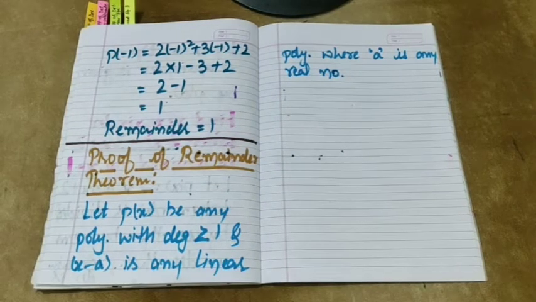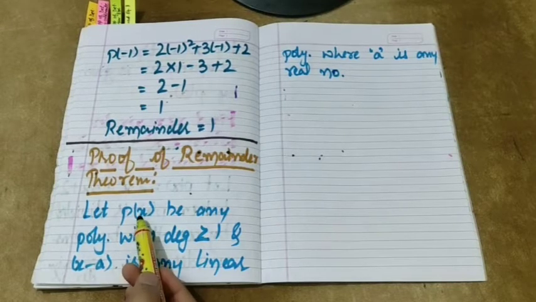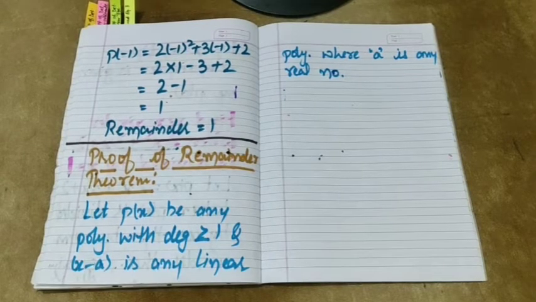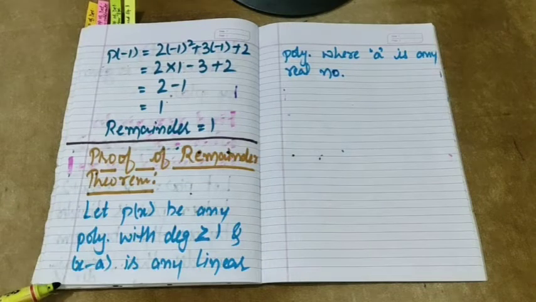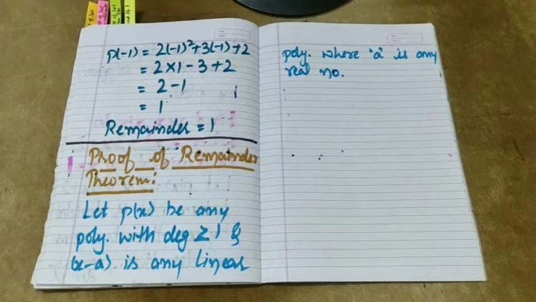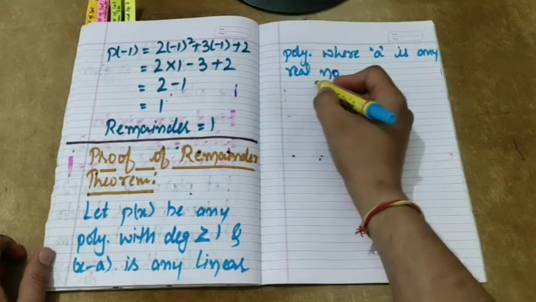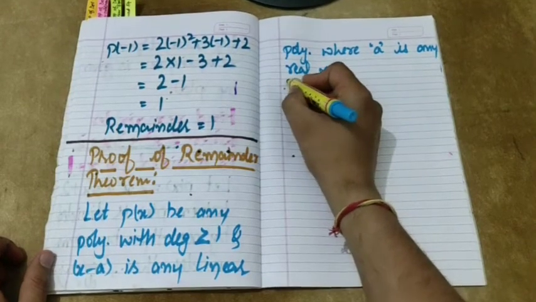And we know that when p x is divided by x minus a, p x is the dividend and x minus a is the divisor. So it is clear that when we divide p x by x minus a, there will be some remainder and quotient as well.